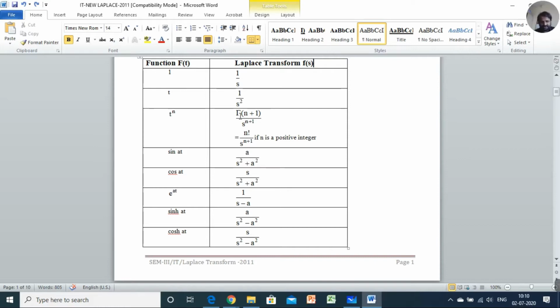Then sin at is a by s square plus a square, cos at is s by s square plus a square, e raised to at is 1 by s minus a, sinh at is a by s square minus a square, and cosh at is again s by s square minus a square.